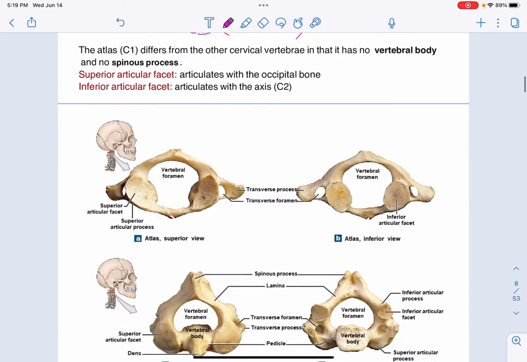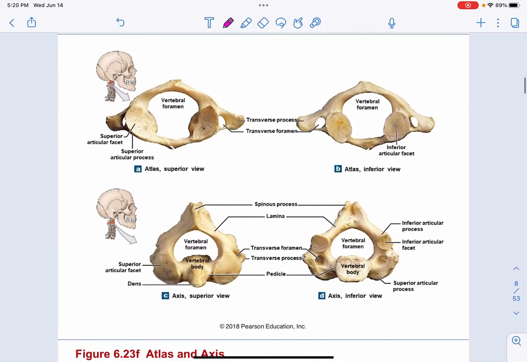This image, I think, is straight from your book, and it shows you actual bone images so that you can see what it actually looks like compared to the cartoon. You can use these pictures to identify the features when we are in lab and you are working with the bones.